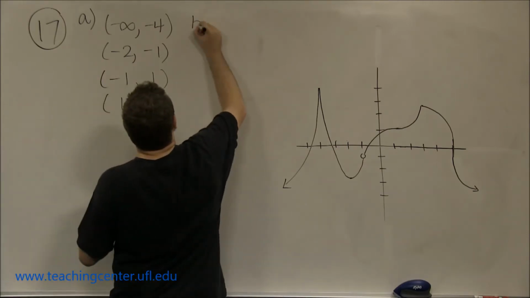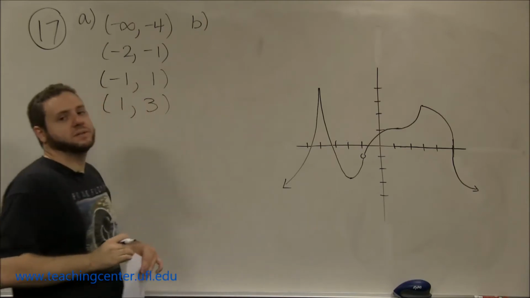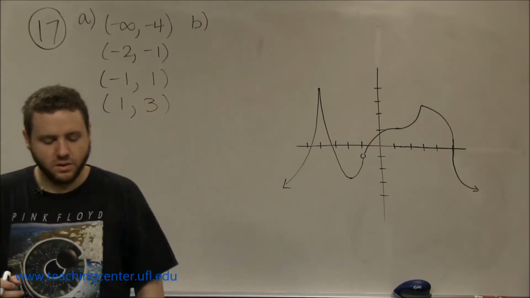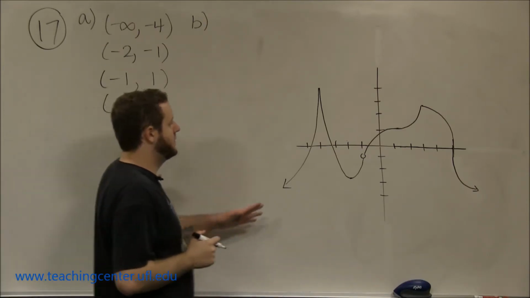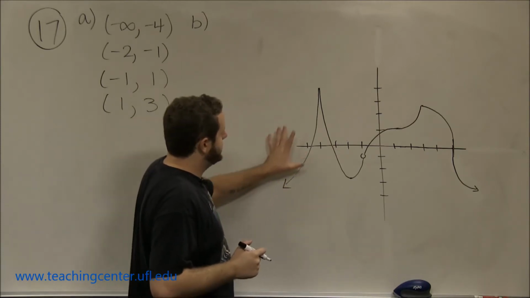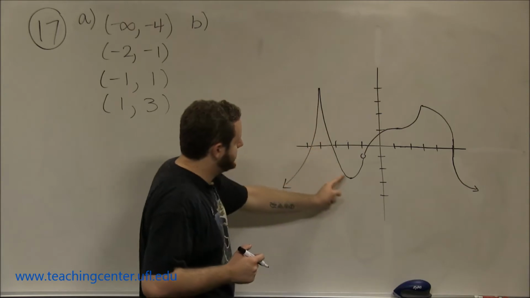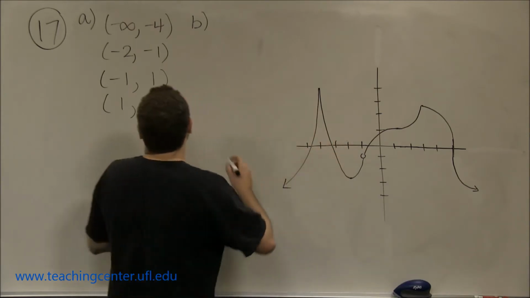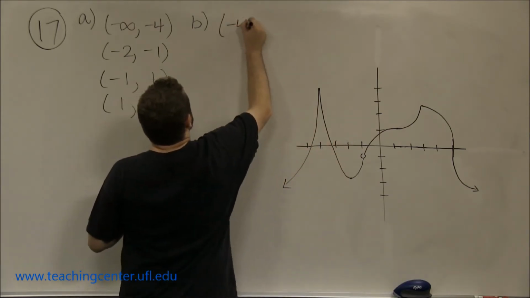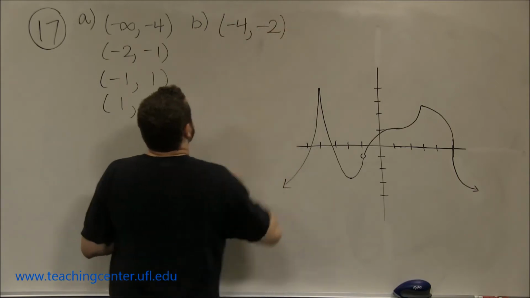So B, let's figure out where our function is decreasing. This is all increasing. The first time it starts decreasing is x equals -4, and it decreases up to x equals -2. So our first interval of decrease is -4 to -2.